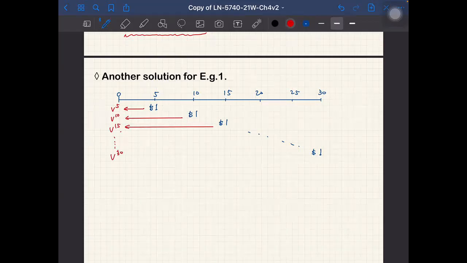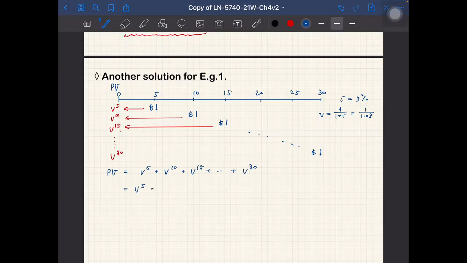So the present value of this annuity at i equal to 3%. And here v is equal to 1 over 1 plus i, so 1 over 1.03. Then the present value is v to the 5th power plus v to the 10th power plus v to the 15th power, up to v to the 30th power.